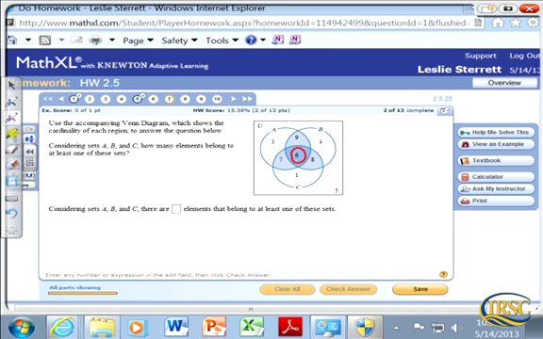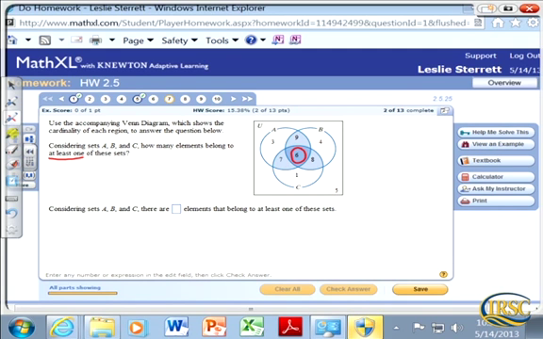Considering A, B, and C, that's considering all of them, and that's not the key word that you're looking for. At least one. These are other keywords that you're going to see: at least one, at most one, exactly one. These are some words that they're going to throw at you.